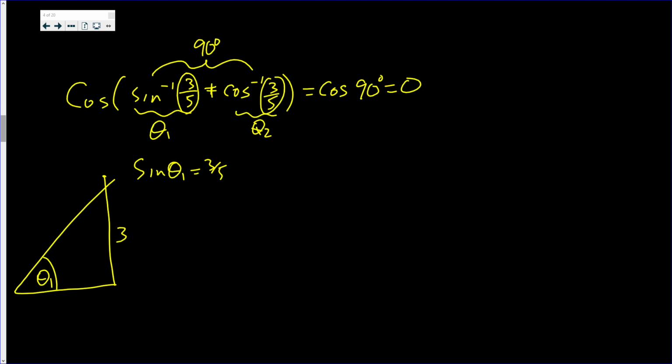The sine is 3 over 5. I even know that's a 4. But I don't know what this angle is. And you say, well, maybe something will come to me. I know that the cosine of theta 2 is also 3/5.